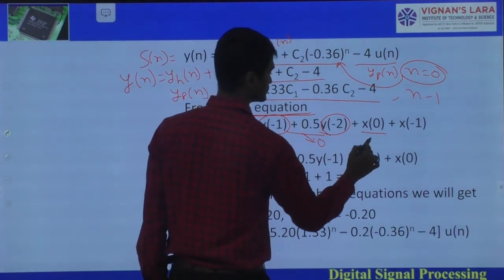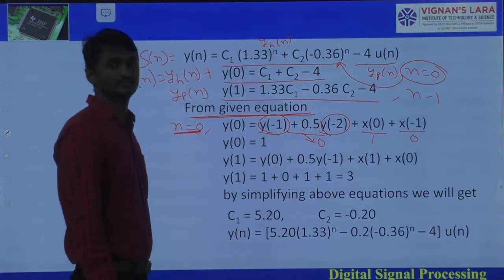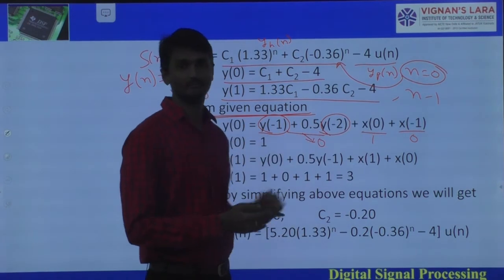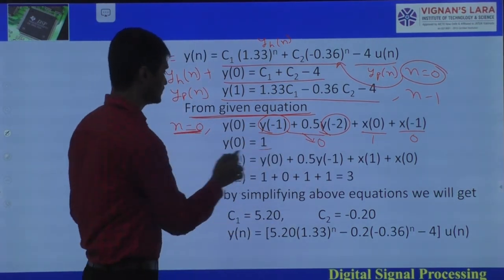And x[0] is equal to 1, and this is x[-1]. The unit step function is defined only for positive time, so u[-1] is simply 0. Then y[0] equals 1.